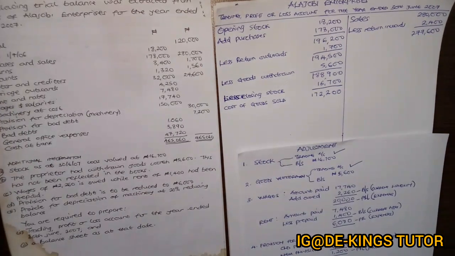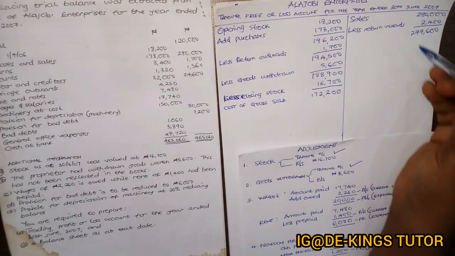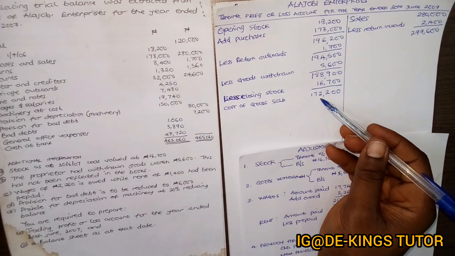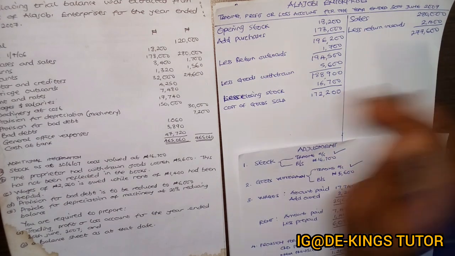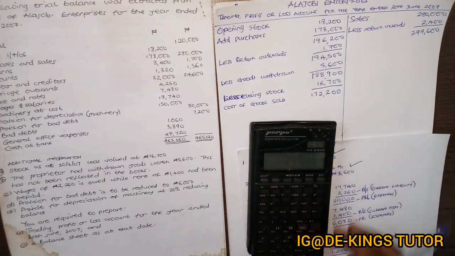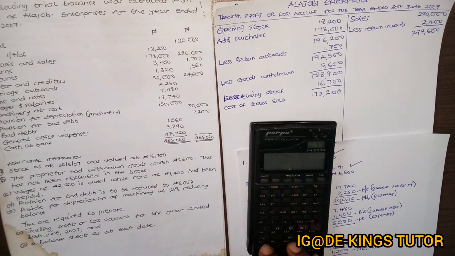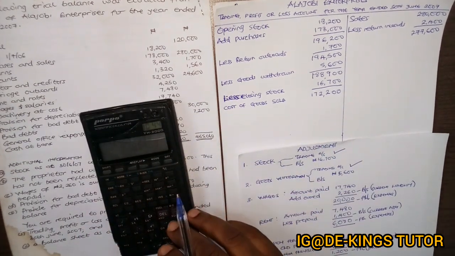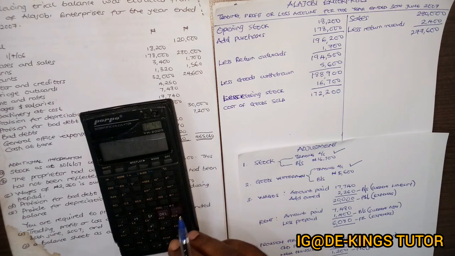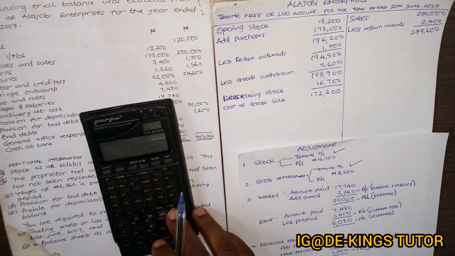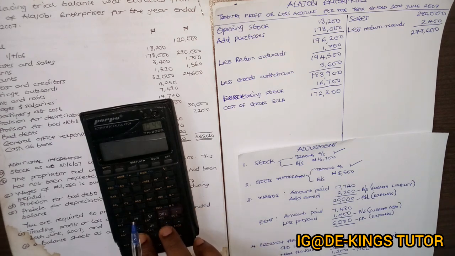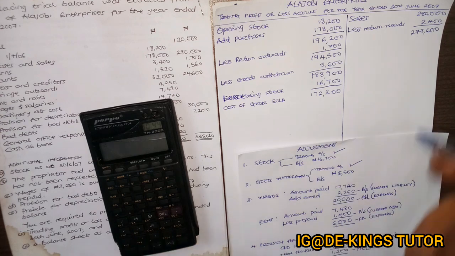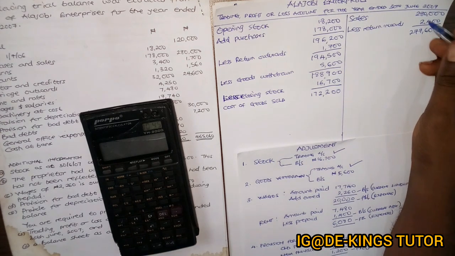Now to get our gross profit, we deduct cost of goods sold from our net sales. So 277,600 minus 172,200. Okay, this is supposed to be 6.